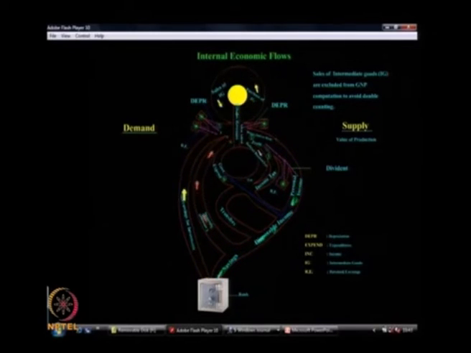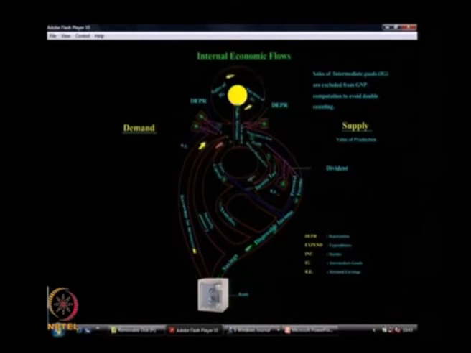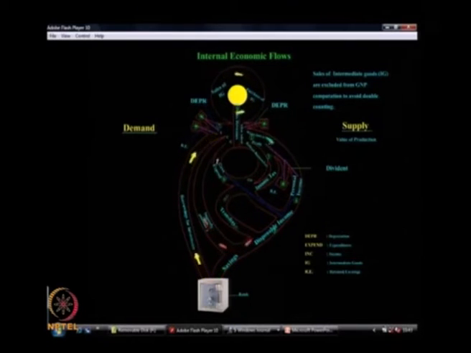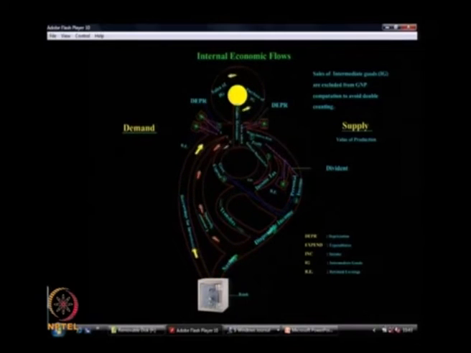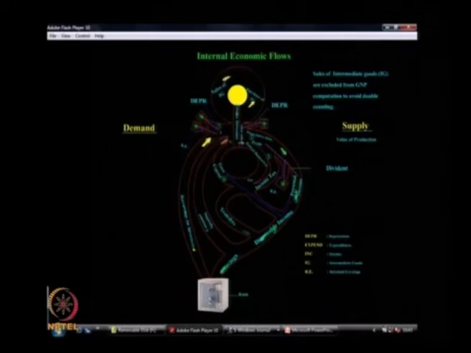Now the total income minus the total value add is represented by the depreciation, the wages, interest, rent, business profits, all of this constitutes the value add. Now if you closely look at what happens here, the value add: depreciation, the wage, rent, the profit, the indirect business tax.